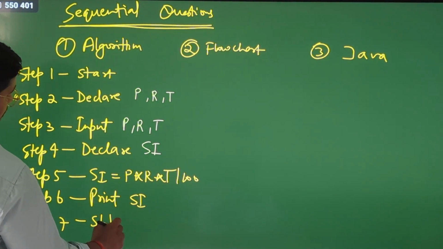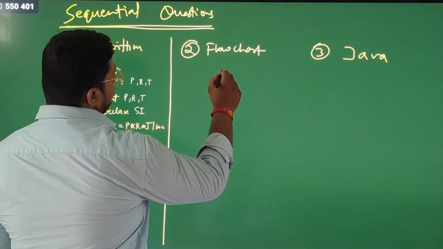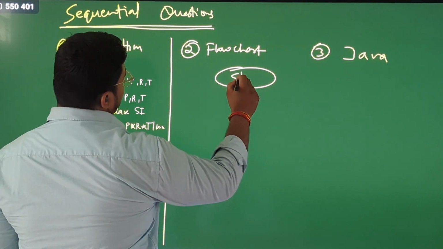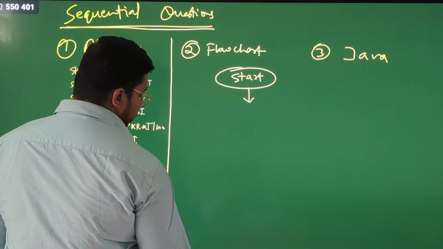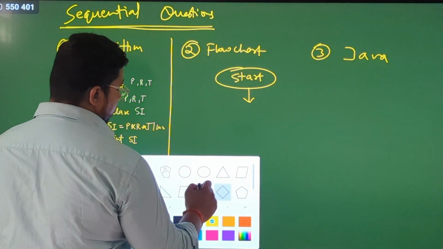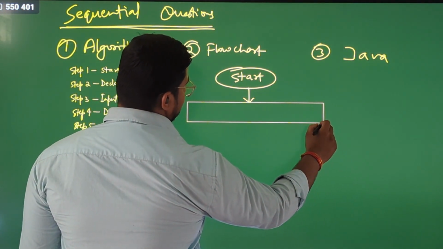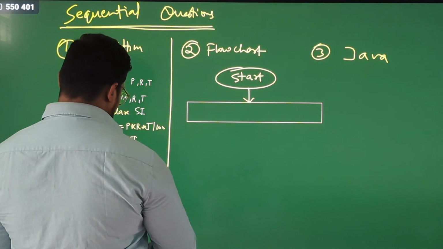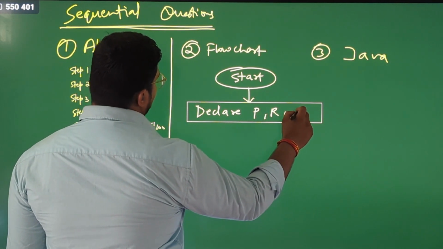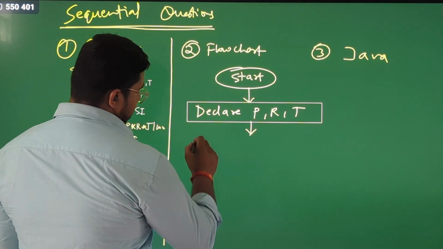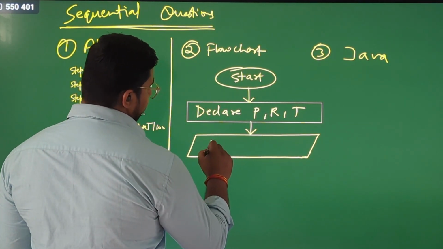Then we drew a flowchart. First of all, we built Start. Then, by using a process box, Declare P comma R comma T. Then next, we built a parallelogram to take input.